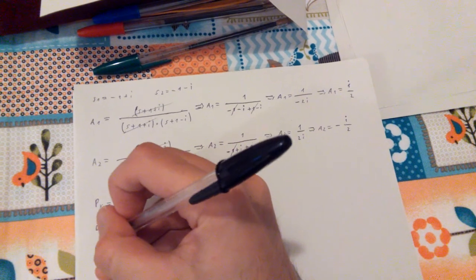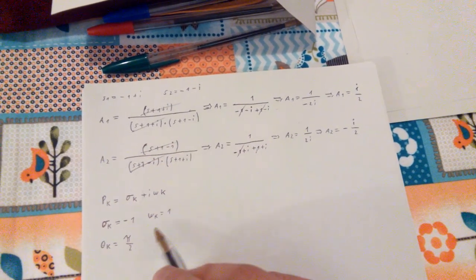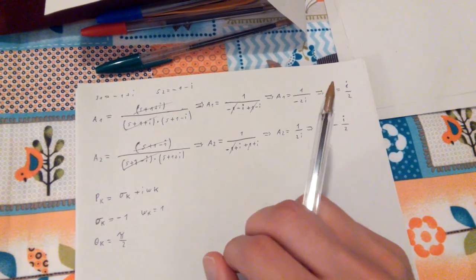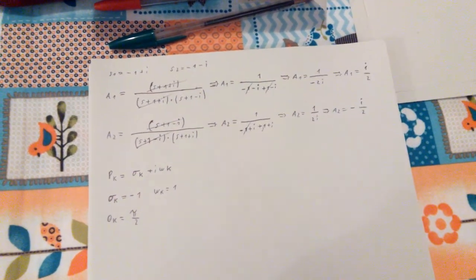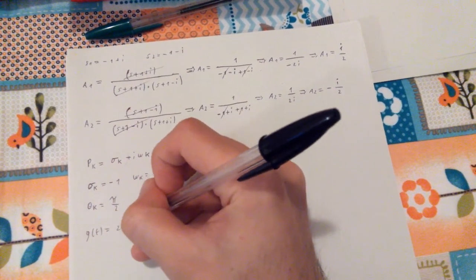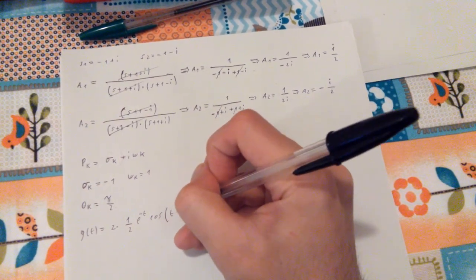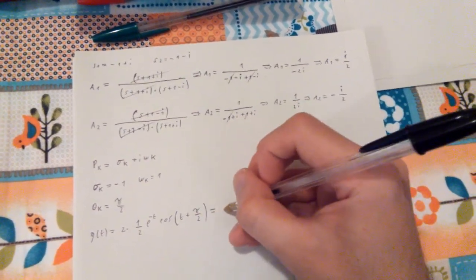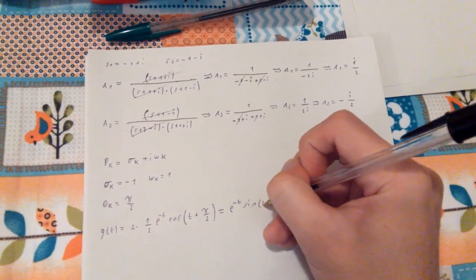And then we would have a certain theta_k, which will be pi over 2, because since they are all just imaginary, they're going to be on the vertical line of the Gaussian plane. Therefore, we would have g of t equal to 2 times 1 over 2 e to the negative t cosine of t plus pi over 2, which will actually be e to the negative t sine of t.